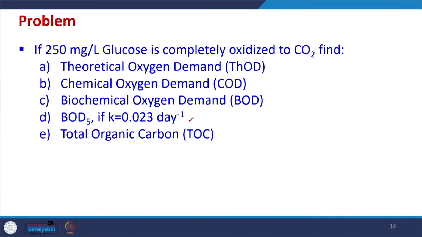It is given that the K value is this at 20 degree centigrade, and we have to find out the total organic content. So, we have to find out THOD, COD, BOD, BOD 5. Whenever only the BOD term is written, it means we are asking for BODU, the ultimate oxygen demand. Now, let us calculate it.